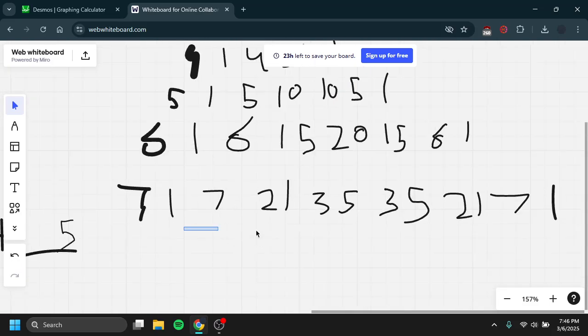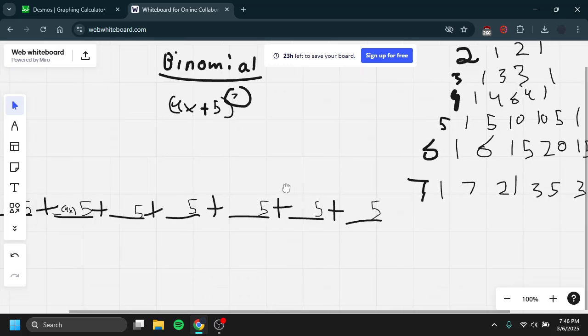And finally, for the 7th power, we get 1 plus 6, 7, 6 plus 15, 21, 15 plus 20, 35, 20 plus 15, 35, 15 plus 6, 21, and 6 plus 1, 7. And of course, we started off with 1 and always end off with 1.